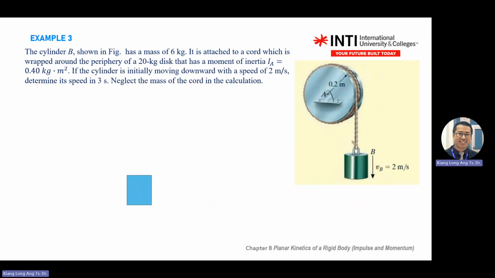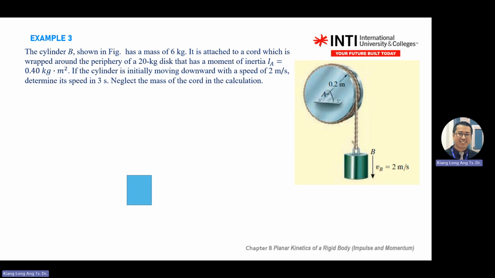Attach a cord, wrap around with 20 kilogram. The moment of inertia is given, so you don't need to calculate it. But if you want to calculate, there is a way. What is the way? You refer to the table.